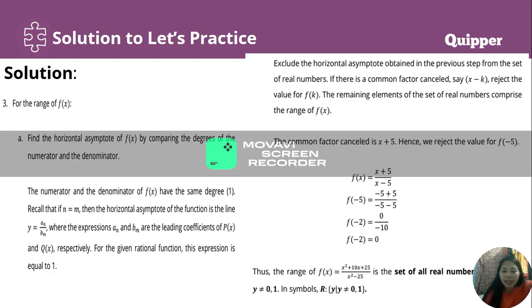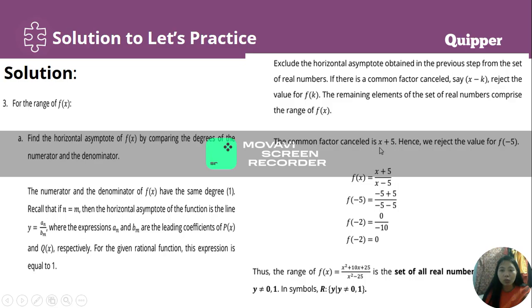Aside from that, we have another horizontal asymptote, since we have two factored forms. Using the simplest form, f of x equals x plus 5 over x minus 5, we substitute the x. Where did I get it?